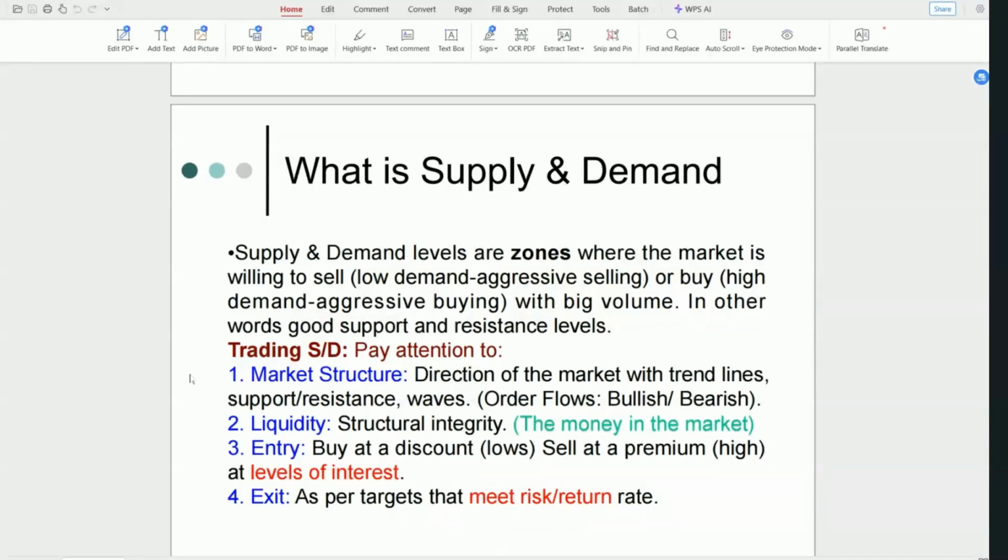The second thing is liquidity. Now, liquidity is the structural integrity, which basically means if a market is in a certain structure, how strong is that structure and how is it being maintained with integrity?